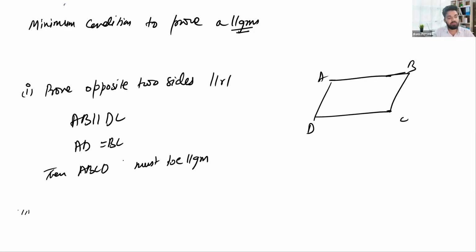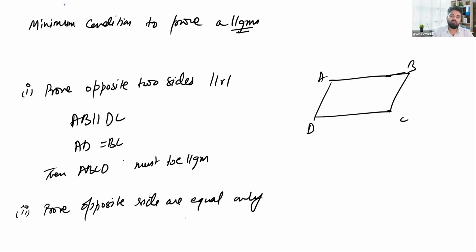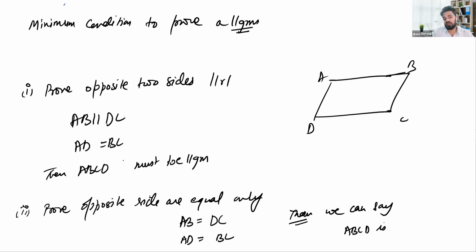And instead of using opposite sides parallel, the second is to prove opposite sides are equal only. If you proved AB equals DC and AD equals BC only, just prove this one, then this is sufficient to prove that ABCD is a parallelogram.